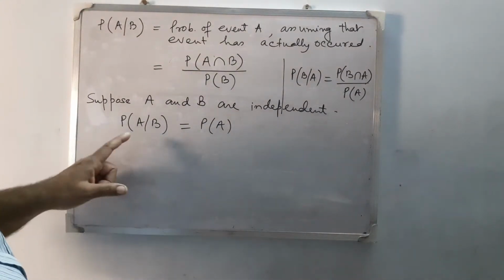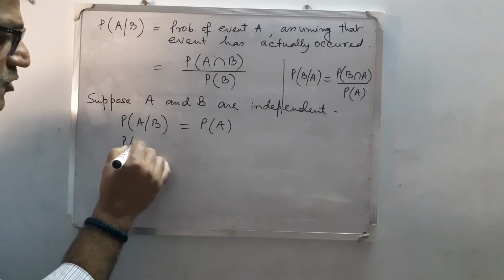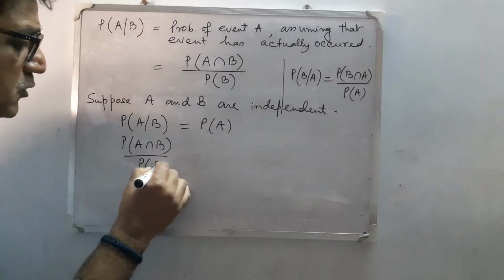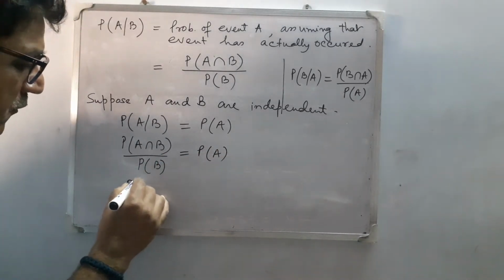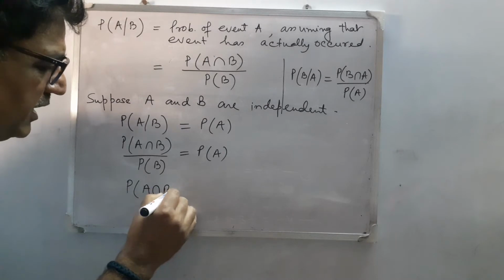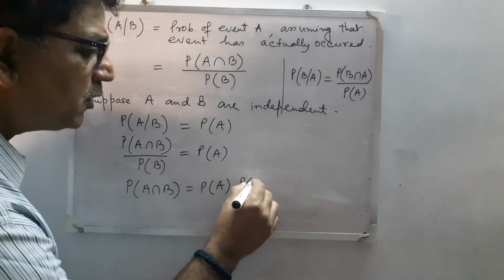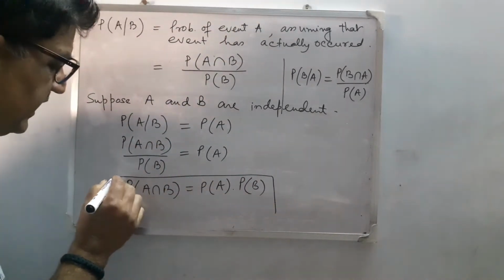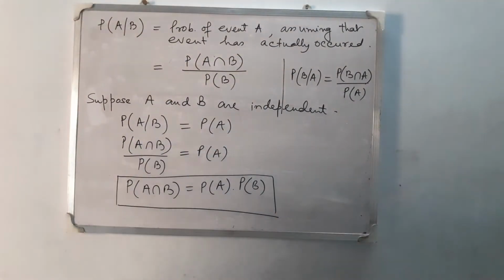Then in that case the expansion of P(A/B) is P(A intersection B) divided by P(B). This is equal to P(A). And when we cross multiply, we get P(A intersection B) is equal to P(A) into P(B). So this is your result, for which we can say that the two events A and B are independent events.